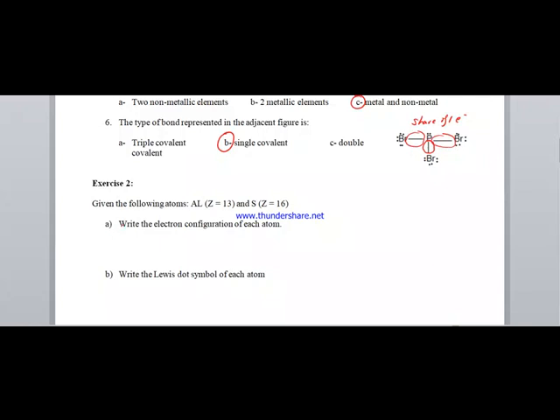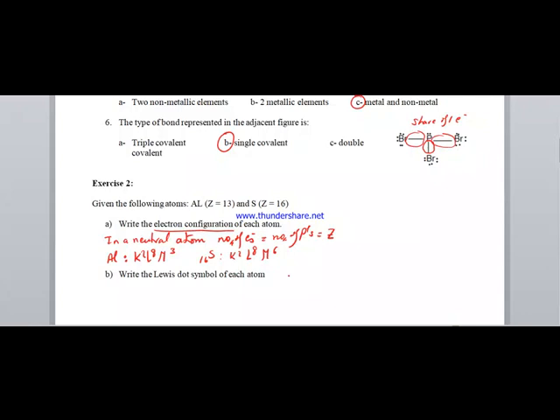As we studied before, to write the electron configuration of each atom, we start with a neutral atom, where the number of electrons equals the number of protons, which is equal to the atomic number Z. So for aluminium, the electron configuration is K2L8M3, which is 13 electrons, and for sulfur, which has 16, K2L8M6.